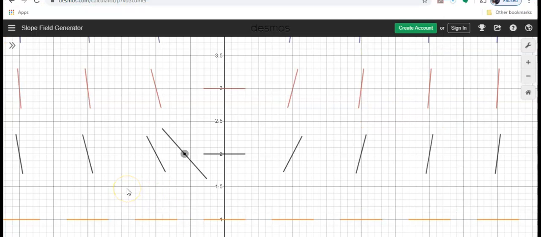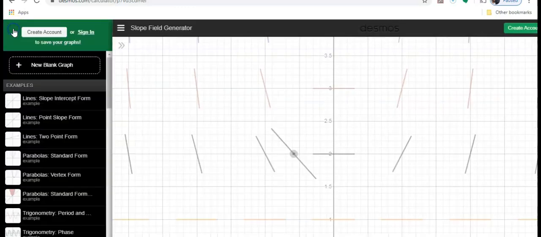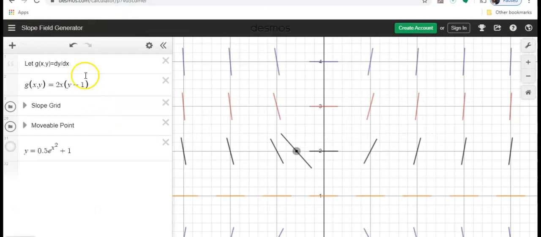So Desmos has the capability of generating a slope field for you. It's not within the normal graphing calculator portion of the website. So if you just Google Desmos slope field, it'll be the first thing that pops up. Click the link and it'll give you the, whoops, didn't want that. Let me see, I hit the wrong thing there. Let's try that one. It'll say this by default.